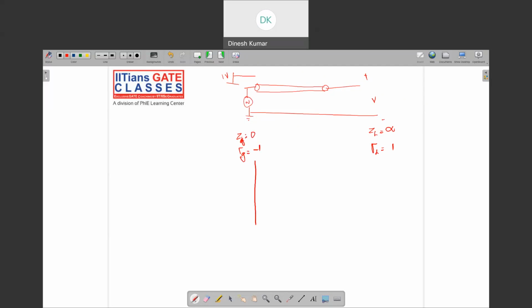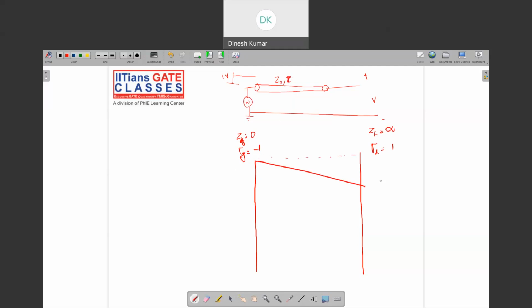For that we have to draw it like this, in two parts. Assume that a voltage of 1 volt is coming, and this has an impedance of zero. Sorry, tau is the delay time. So this is the length and this is the time.